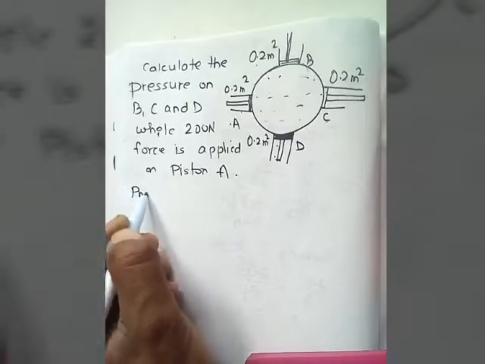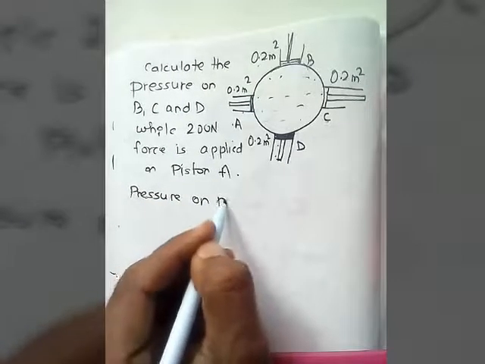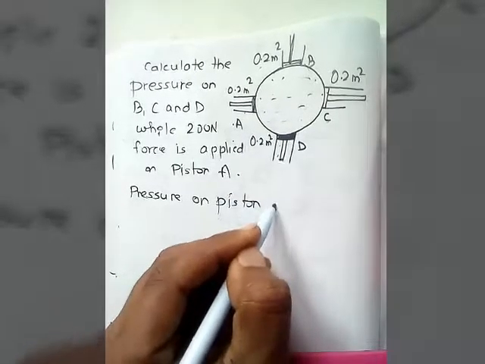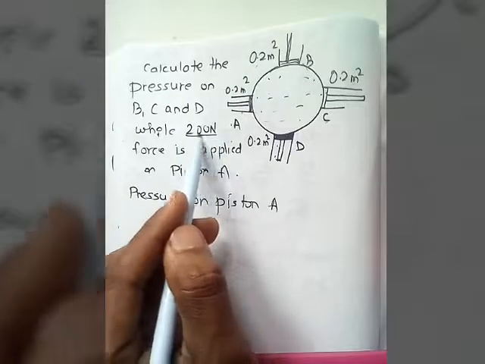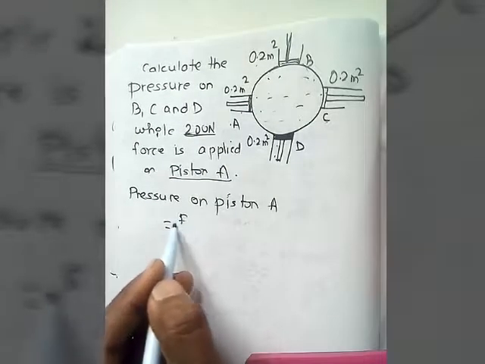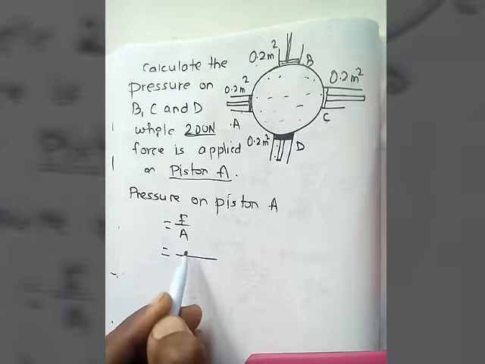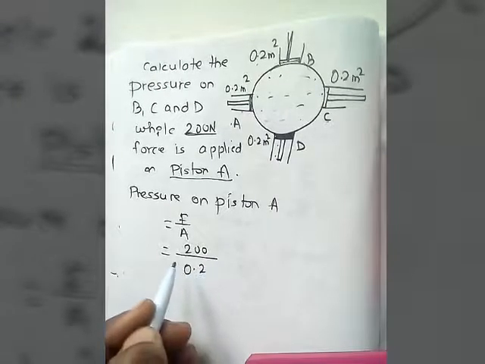First we can find the pressure on piston A. Given 200 Newton force is applied on piston A, the pressure equals force by area. So the force is 200 Newton and the area is 0.2.